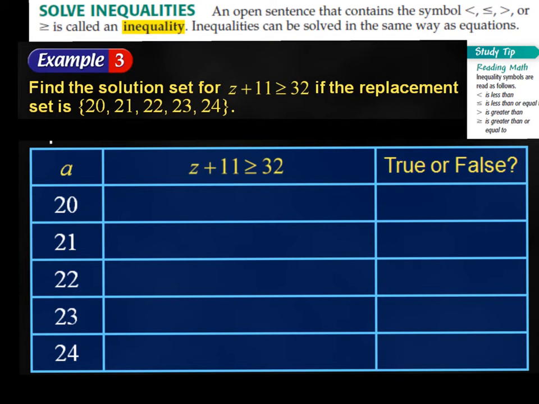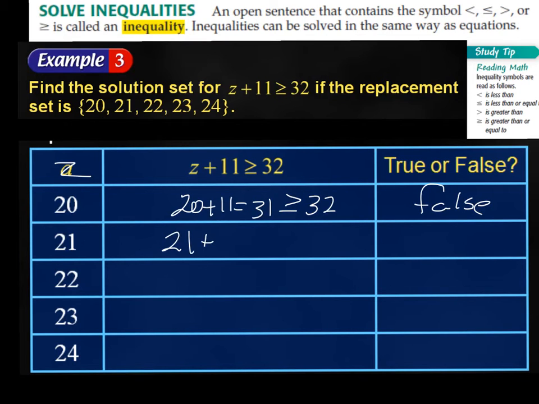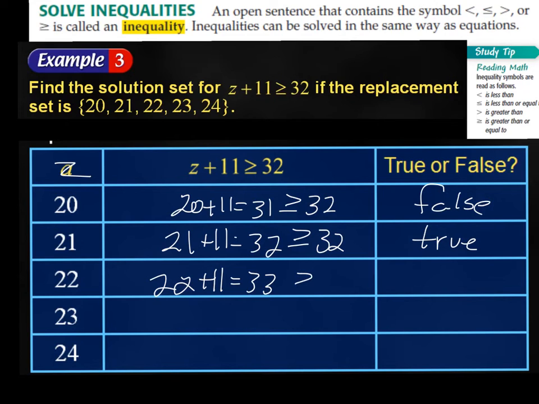So again, we have a chart, and we're going to replace z with 20. So 20 plus 11 is 31. Is that greater than or equal to 32? No. Let's try 21 plus 11 is 32. Is that greater than or equal to 32? Sure. So 22 plus 11 is going to be 33, and of course that works.